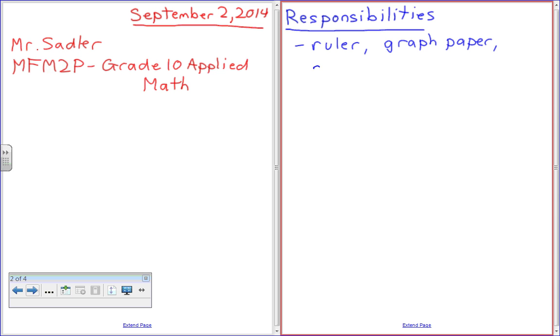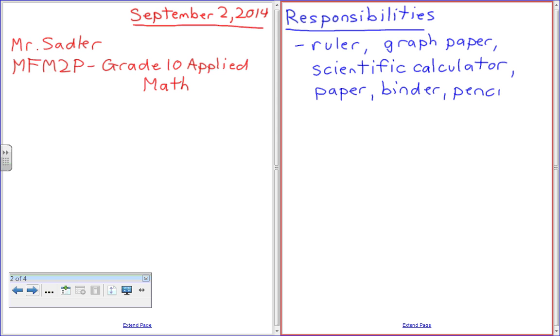You will need a scientific calculator, which will cost about $10 from me, or you can buy your own. It will need sine, cosine, tan, and exponents and all that fun stuff up at the top. You'll also need paper and a binder, and pencils. The first three I sell in the class, the last three I don't, so you have to pick those up yourself.